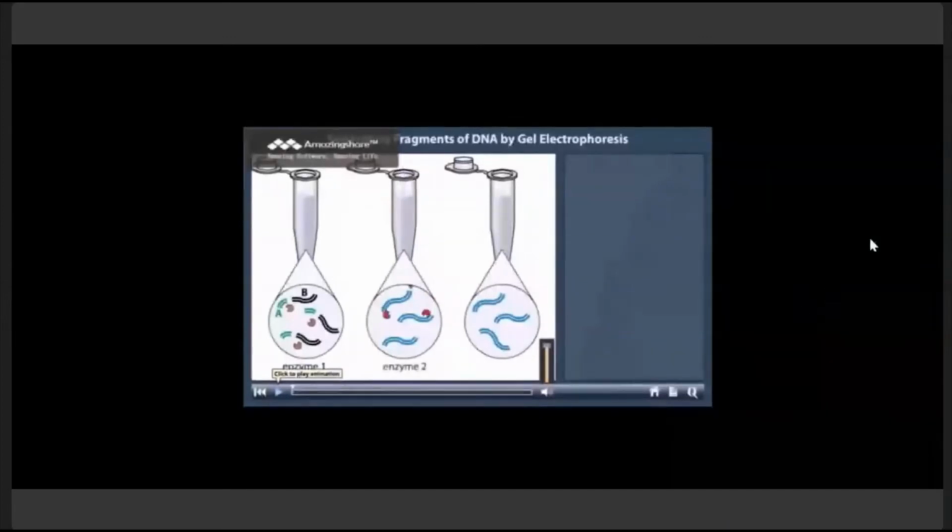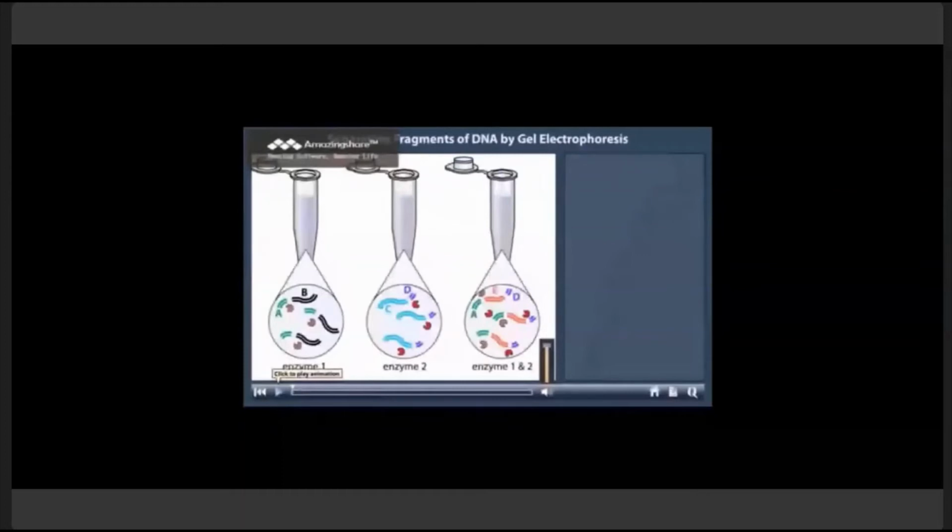Enzyme 2 cleaves the DNA at a different recognition sequence. Adding both enzymes yields fragments. Gel electrophoresis is one of the most useful means of purifying DNA fragments for further analysis.